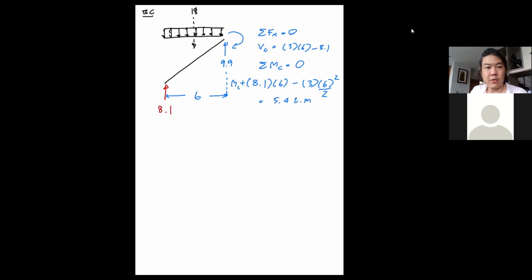So you see, you can actually calculate the forces at the ends of the member without having to do anything with the load. But once you want to draw the shear force and bending moment diagram, you cannot use this anymore. You must turn this into the perpendicular component. Okay, so what do we do?